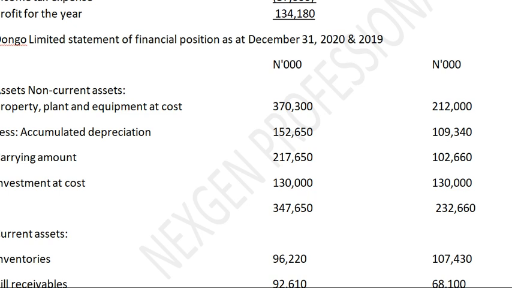Assuming it is the other way around, where we have 370,300 for 2019 and 212,200 for 2020, it implies that there are sales during the year. So you always compare the opening to the closing to determine if there are purchases or sales. Is that taken? Yes, sir. Thank you very much. Okay.